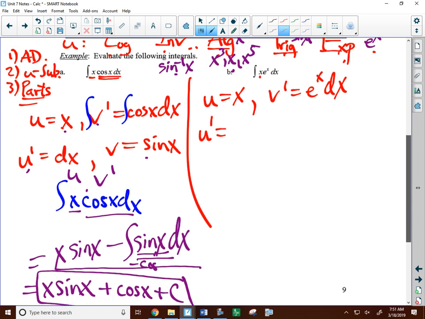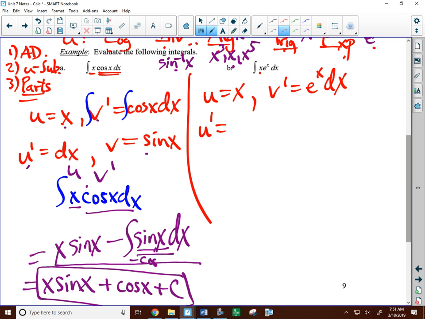So this starts off the same. u prime is 1 dx. And then here you do an antiderivative, and that works out nicely because the antiderivative of e to the x is just e to the x. I would write plus c, but I'm just going to write it at the end.